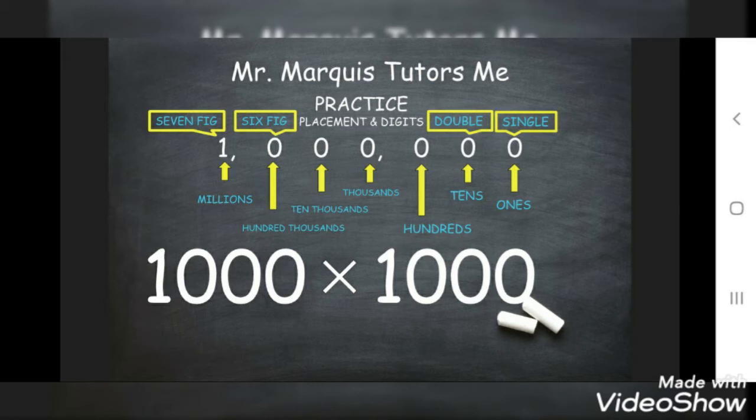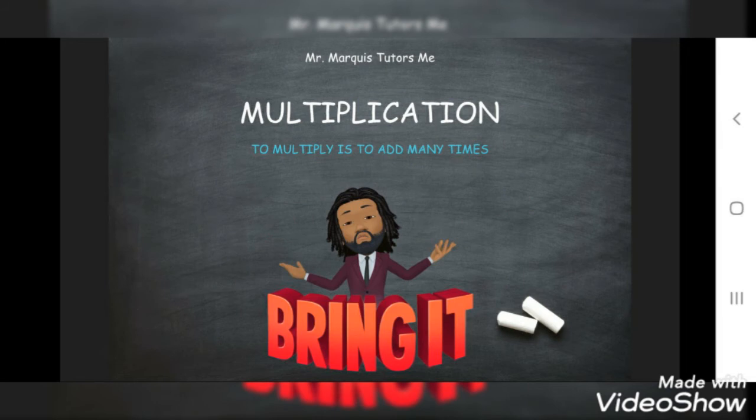Now, 1,000 times 1,000. All you really want to do is say, okay, 1 times 1 is 1. And then you just write the 6 zeros behind it. However many zeros you see in the problem, it will have that many zeros in the answer. If you have 30 times 2, you will at least have one 0 in that answer.